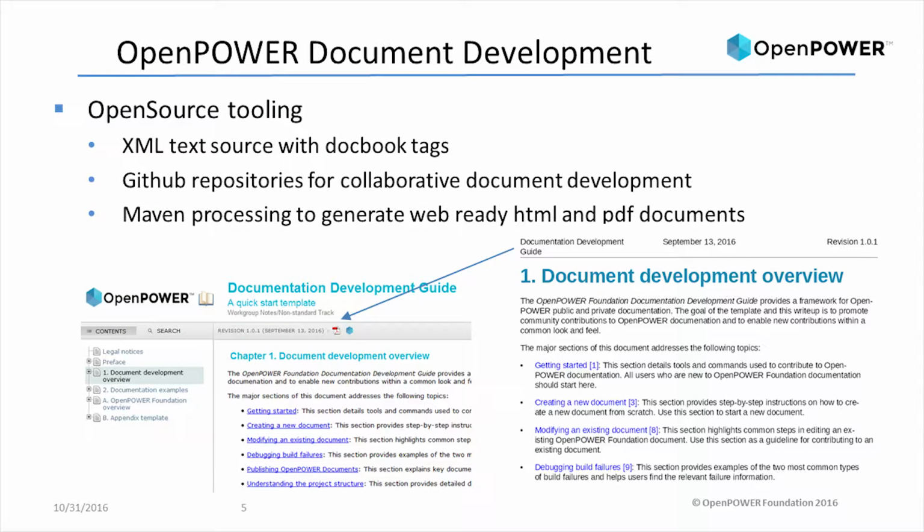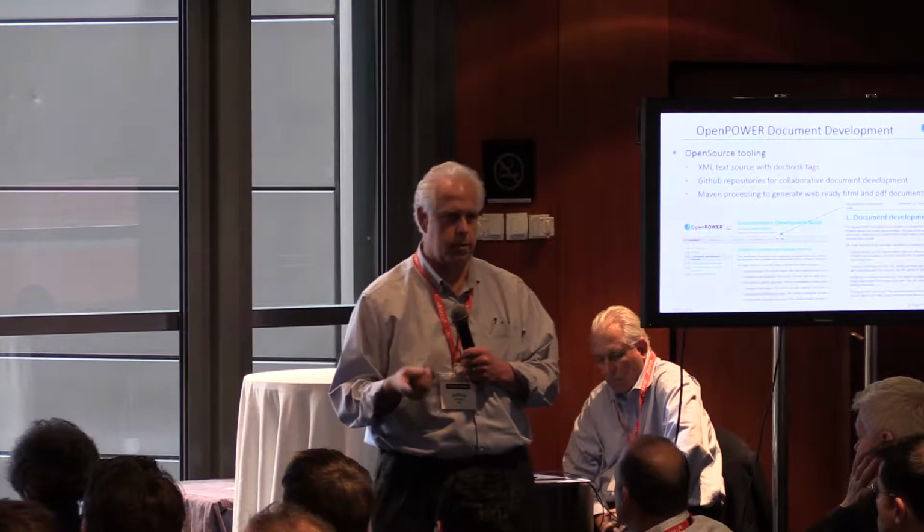So I mentioned that we have a framework for OpenPOWER documents. Basically, rather than doing everything with Word or with FrameMaker or some proprietary solution, we went out to the open source community and looked for what people are doing for document development, and we actually borrowed a lot of this from OpenStack, using DocBook, which is XML tags.